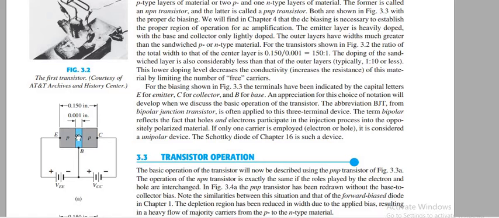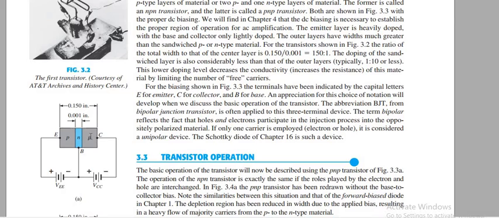It means the addition of impurity materials is relatively very low. This layer is also very thin. You can compare this value with this value. It is self-explanatory that this layer is very thin.